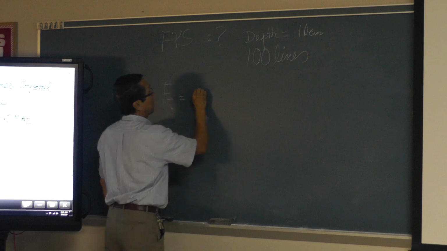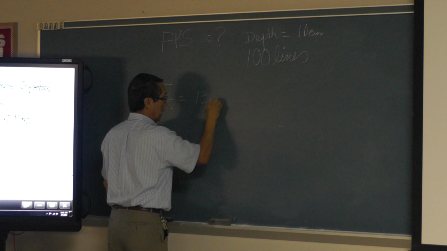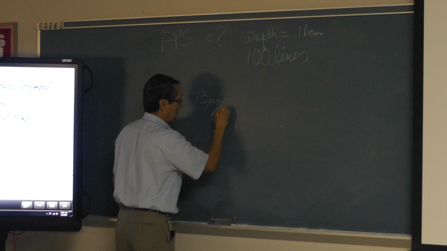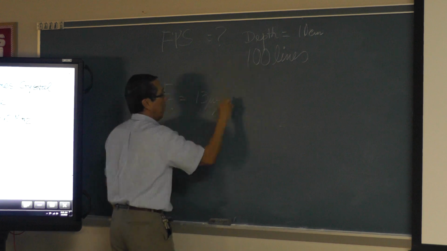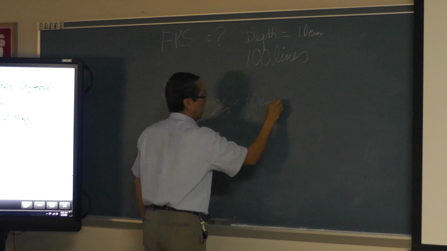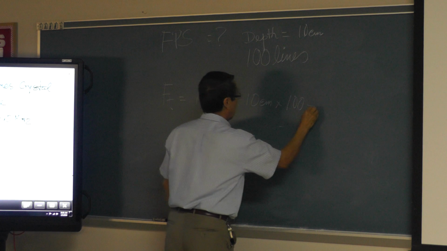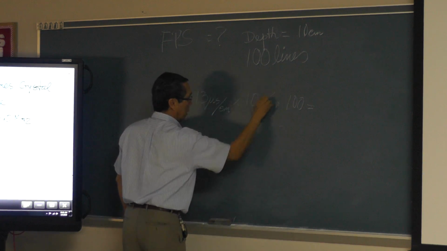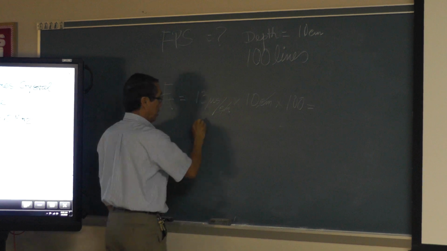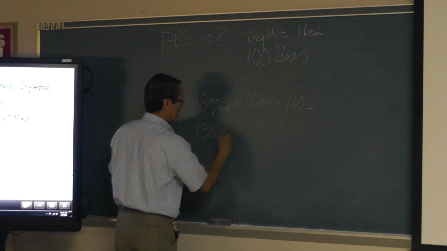So, let's start. 13 microseconds per centimeter. The depth is 10 centimeters. Lines, 100 lines, right? So you cancel this out, and you end up with 10 here and 2 zeros on the other side.